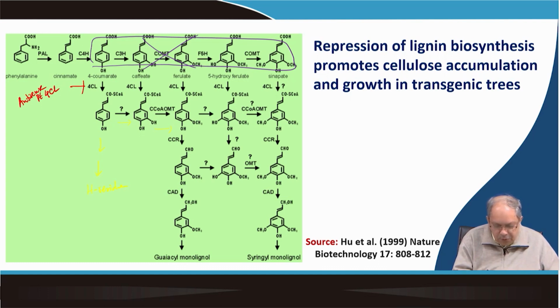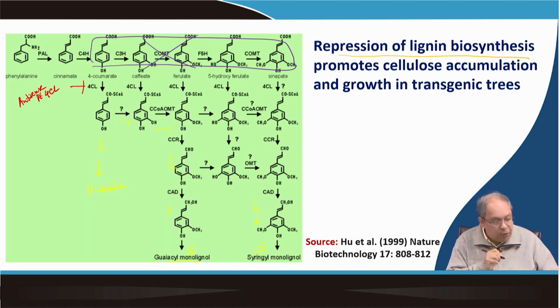The flow which goes to G will also be reduced, and the flow which goes to S will also reduce. So, as a result of that, what they have found is repression of lignin biosynthesis. But the interesting point is that this promotes cellulose accumulation and the growth of the transgenic trees.